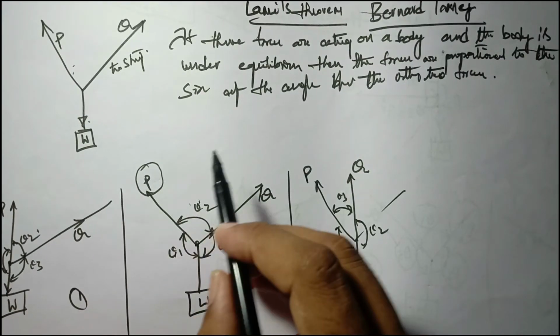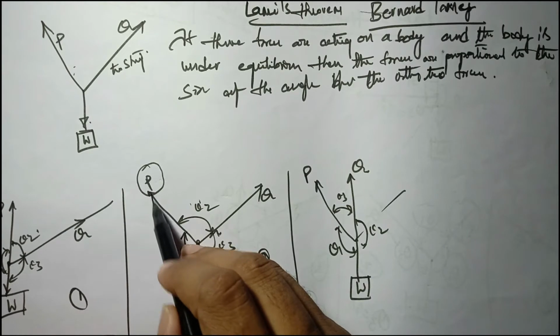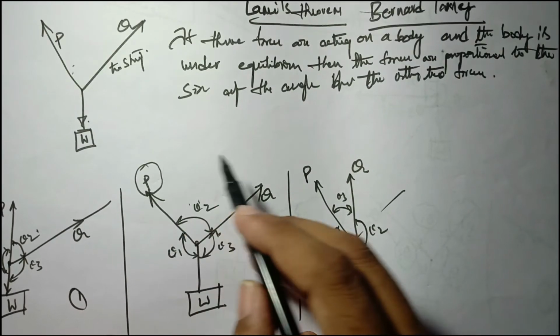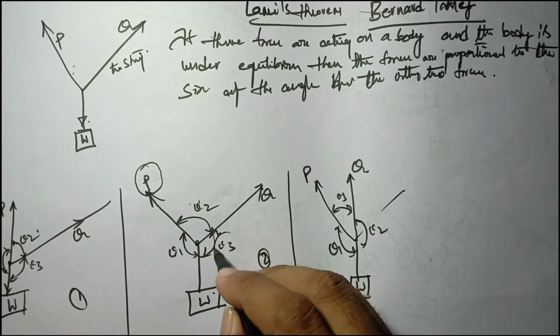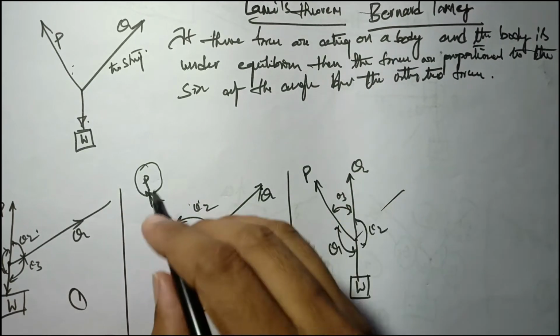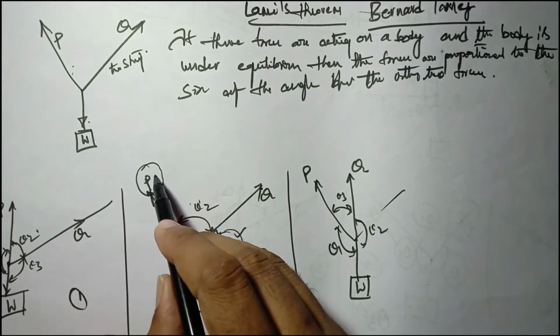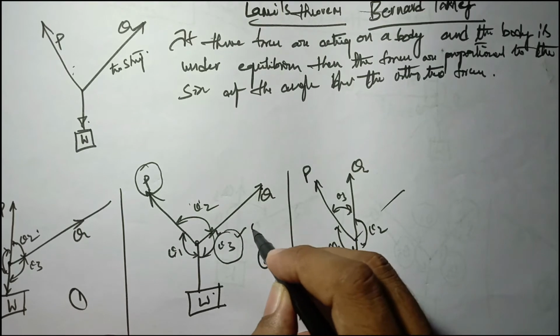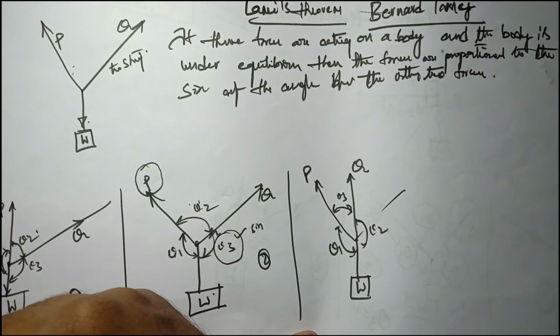So let us see what he is actually saying. Here, if the P force is acting like this, then the angle between Q and W has to be considered for proportionality. As this angle changes, its sine is proportional to P.